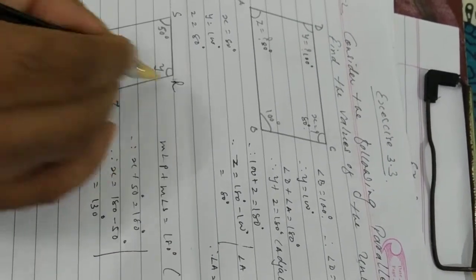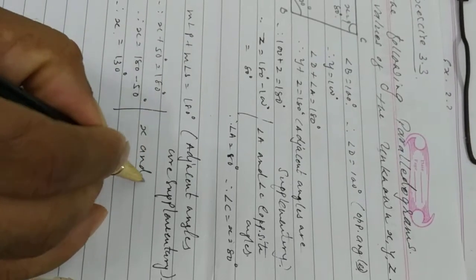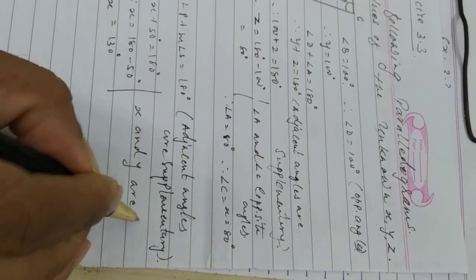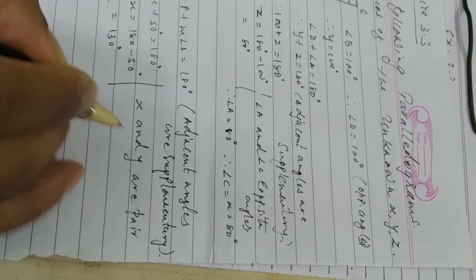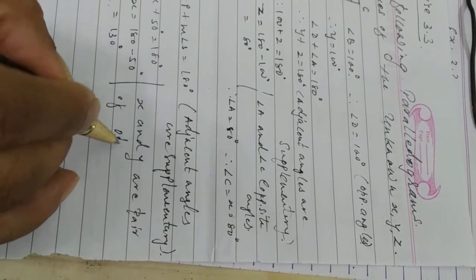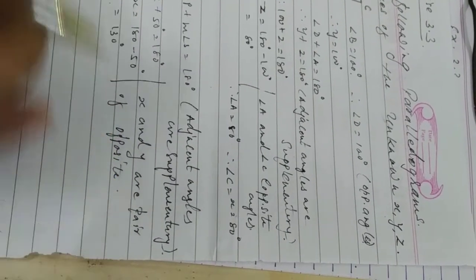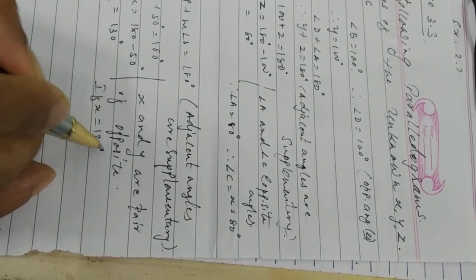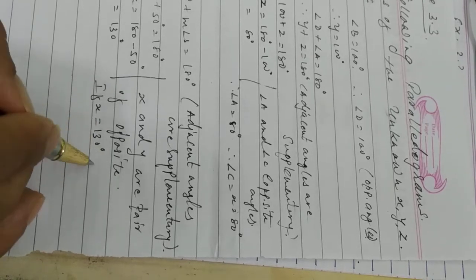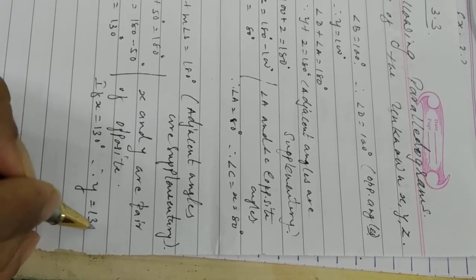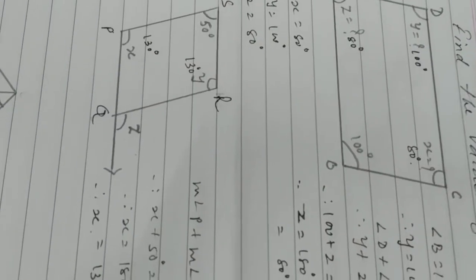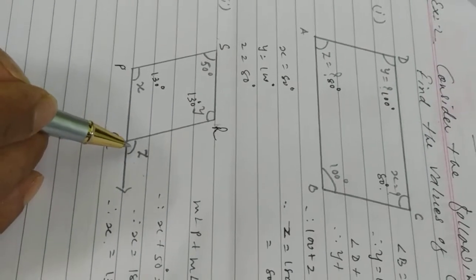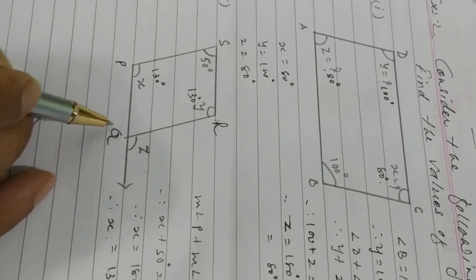Now let's see P and R. Yeah, x and y are a pair of opposite angles, right? It means if x is equal to 130 degrees, therefore y is equal to 130 degrees. So y is equal to how many degrees? 130 degrees.